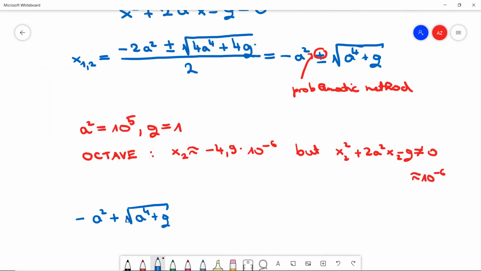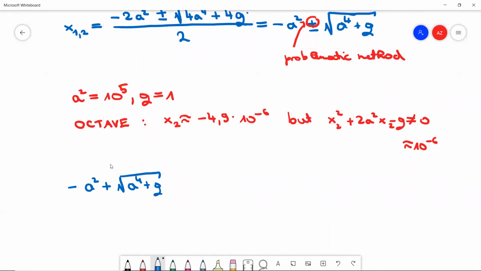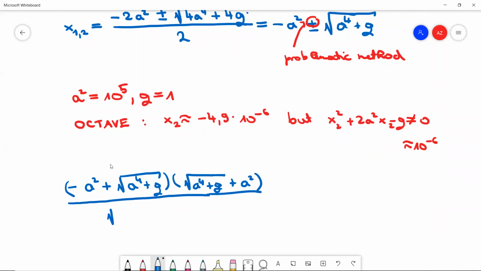So this is the negative of this one. So how to get rid of this problem? One way is to multiply this expression by the square root of a to the power of 4 plus q plus a squared. And of course, we then have to also divide by the same number.